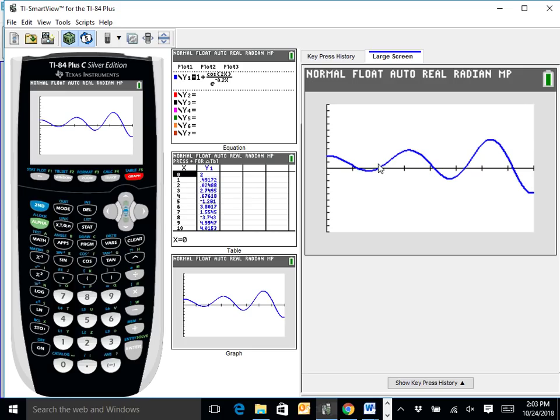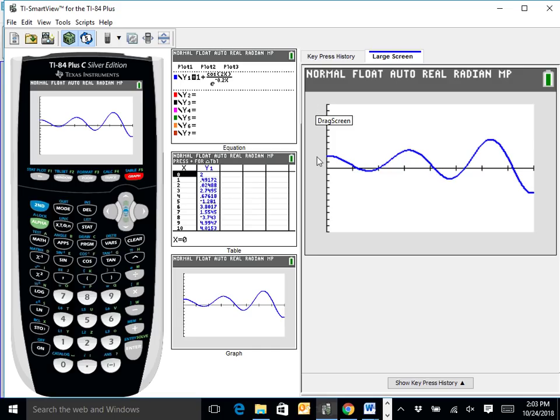Okay? If it's kind of hard to tell, then what I would do is change my y min and max to be a little bit smaller. And then you might be able to see, right? On my calculator, I can clearly tell there's a gap right here, but on your calculator, it might be hard to see that. So I just want you to be aware of that.